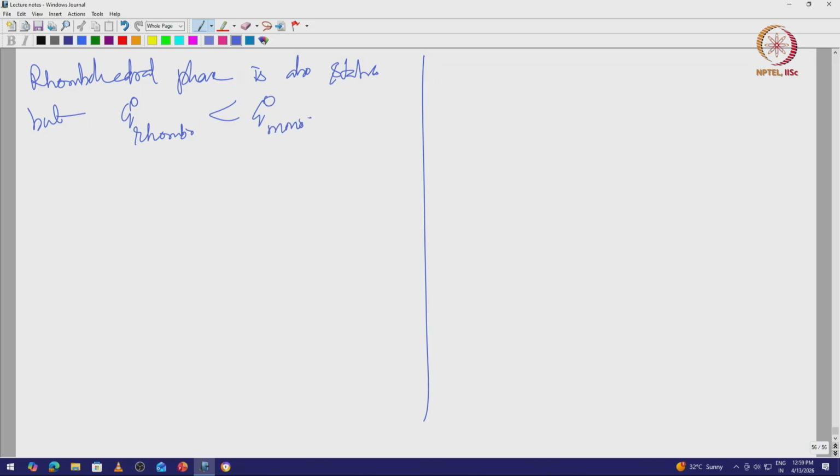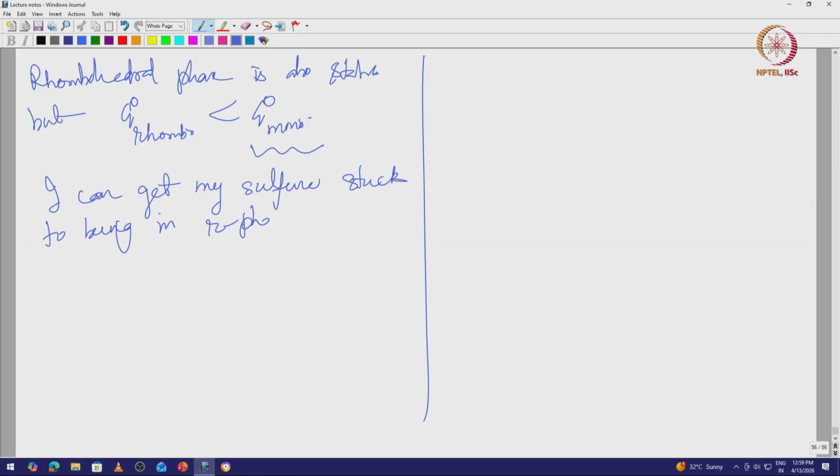So, this is the globally stable phase, but if I can get my sulfur stuck in the rhombohedral phase, I can do something so that I free sulfur in the rhombohedral phase. Then this is called a metastable phase.